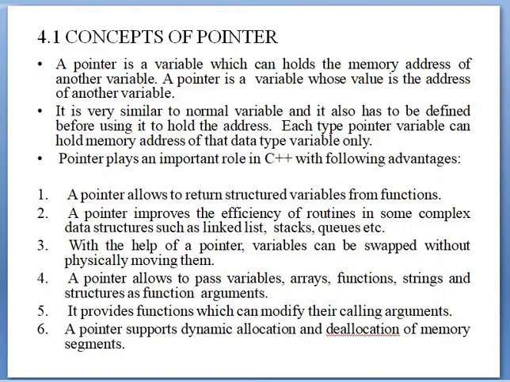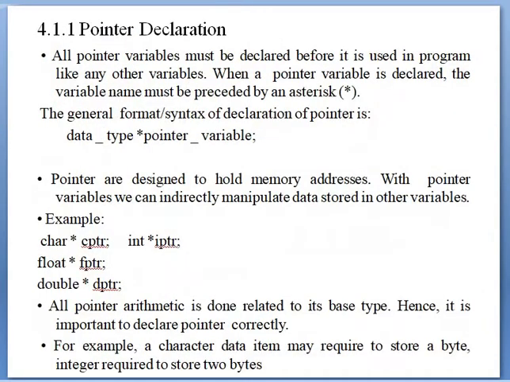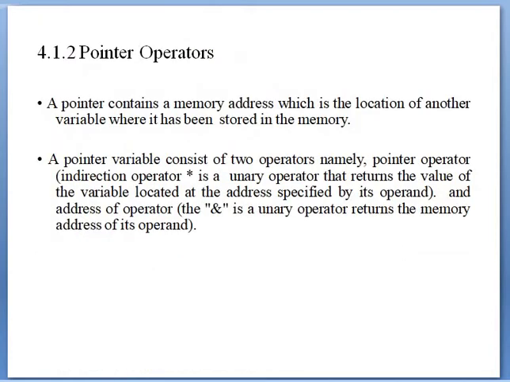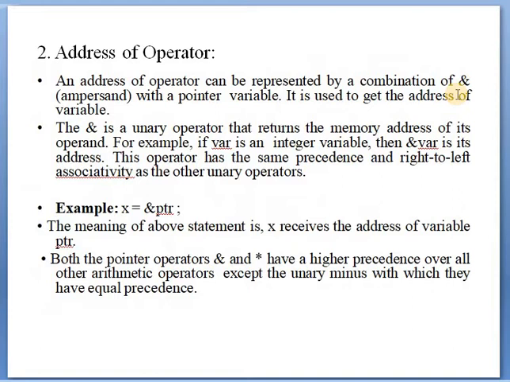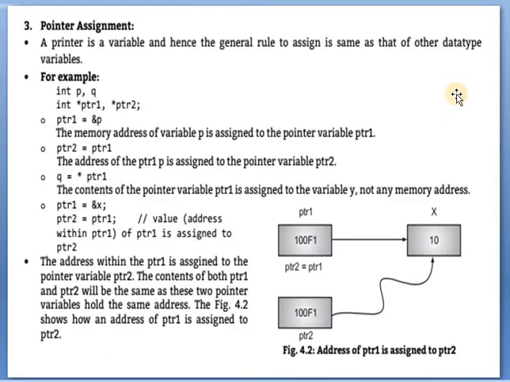In the last lecture we have seen the concept of pointer, pointer declaration, pointer operator and address of operator. After that, today we will see pointer assignment, means just assigning a value to the pointer variable. Pointer is a variable, so the general rule to assign is the same as for other data type variables.